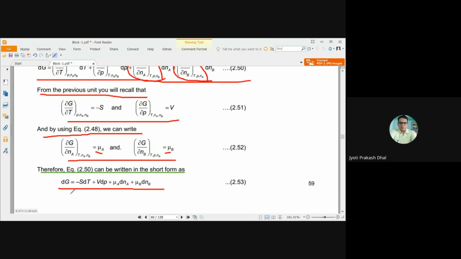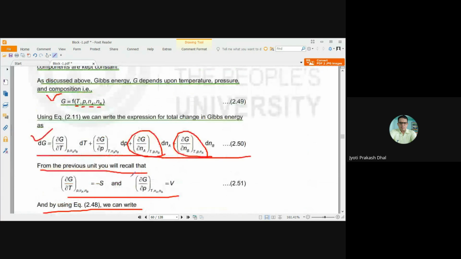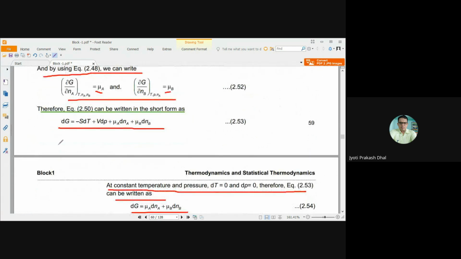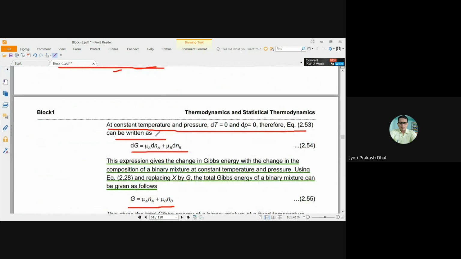Now putting all these values in the above equation 50, we can write dG equals minus SdT plus VdP plus mu A dNa plus mu B dNb.